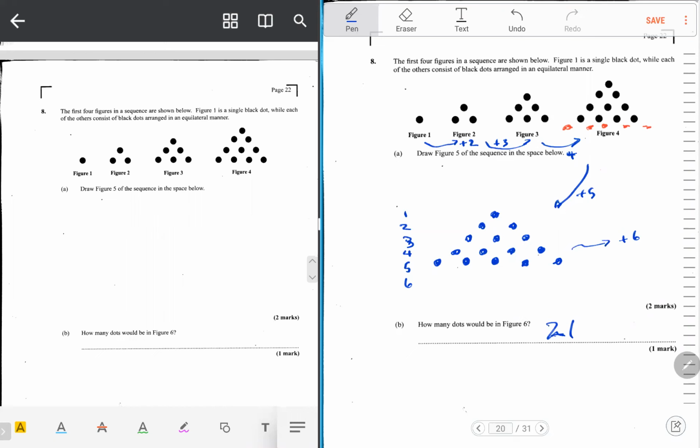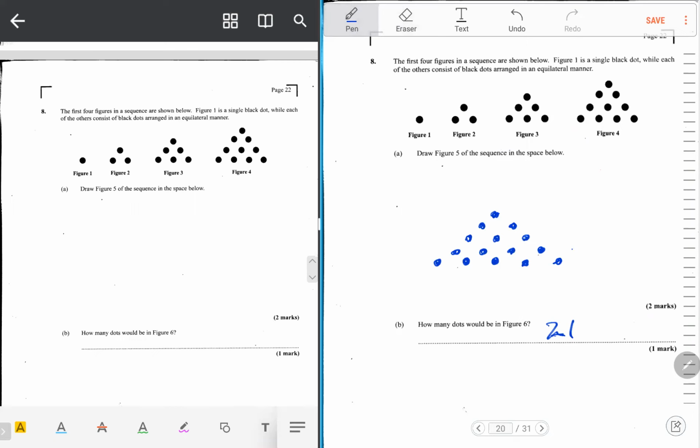So it's 21. I keep adding the number that's based on the figure number, and we can see that. So what we had before plus the 6 more. All right. I understand the reason, but I like to use a formula.